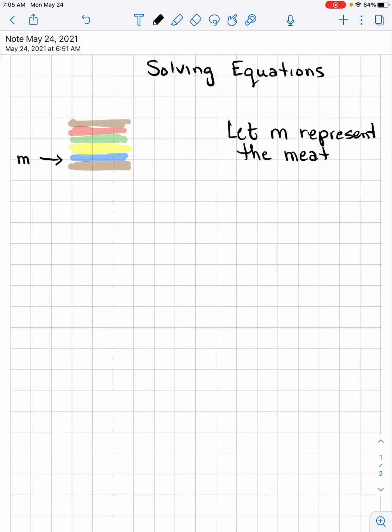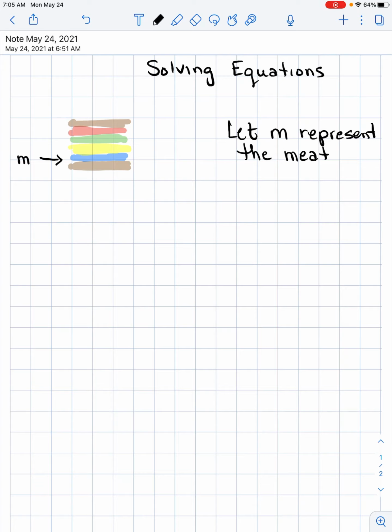We start with a number, we add another number, we subtract a number, we divide, we multiply, and we get our answer. And in this analogy, let's think of the answer as the total sandwich, okay? Our goal was to build a sandwich, and we put numbers together or pieces together, and we got a sandwich.